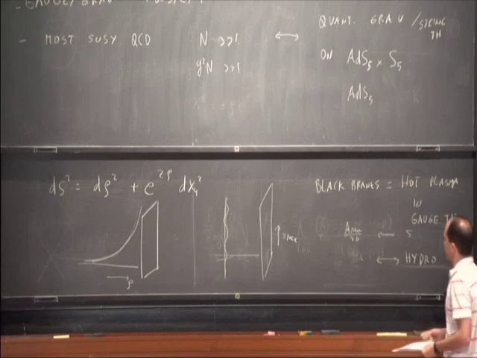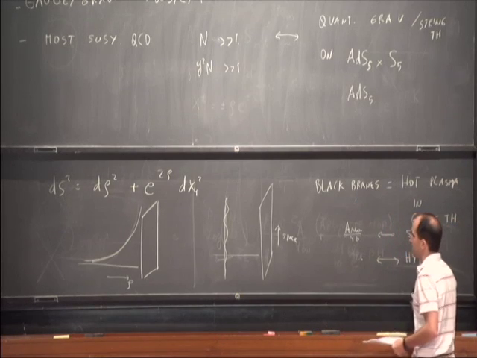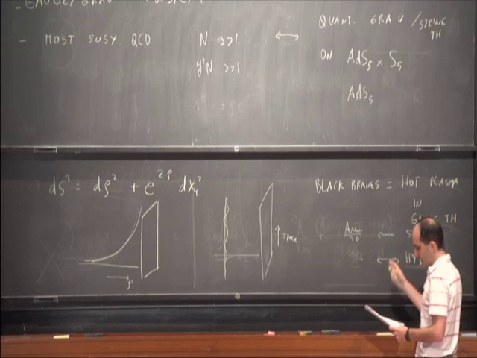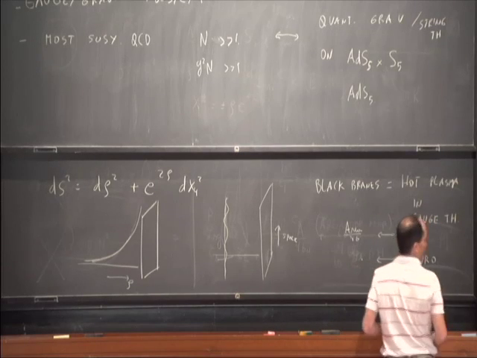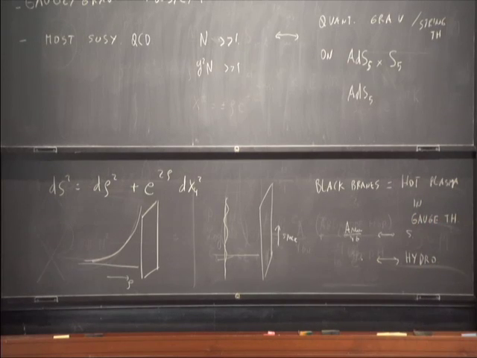So the point is that what you should extract from here is that through this gauge-gravity duality, you find that a black hole ends up being related to an ordinary quantum mechanical system. Okay.